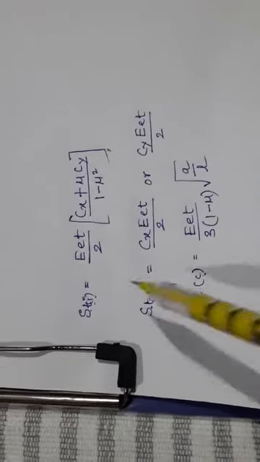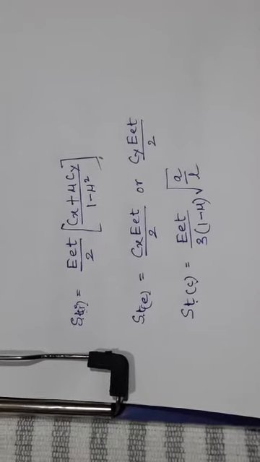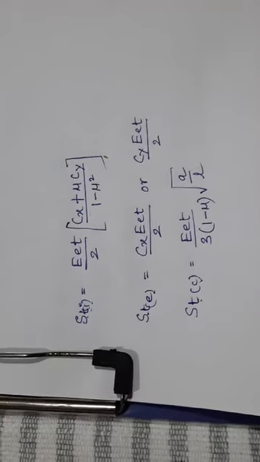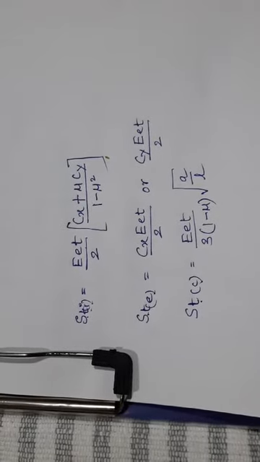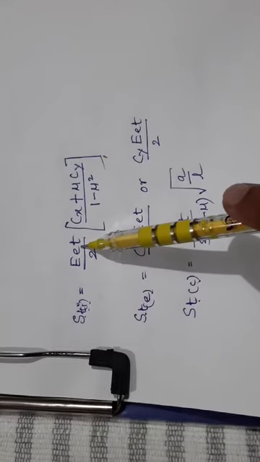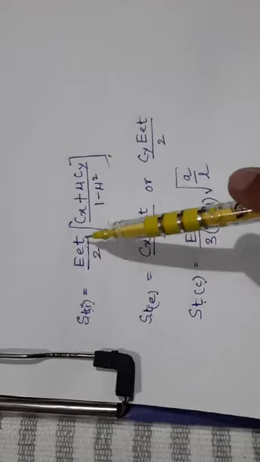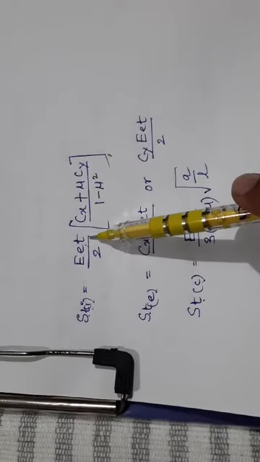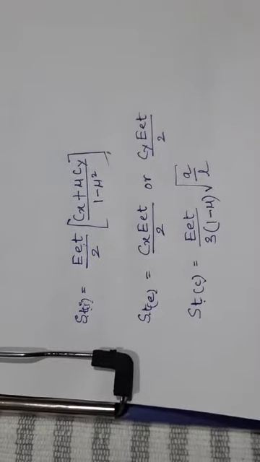Where again S_T is nothing but the warp stress at the interior, given in kg per centimeter square. E is the modulus of elasticity of the concrete. Small e is the thermal coefficient of the concrete per degree Celsius. Small t is the temperature difference between the top and the bottom of the slab in degree Celsius.